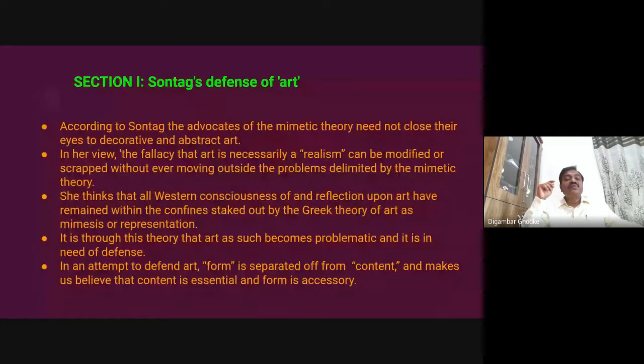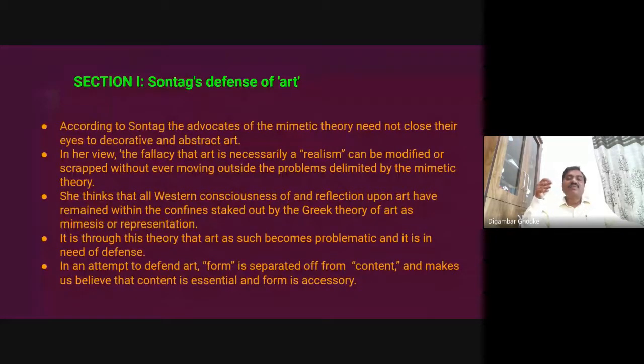So in an attempt to defend art, many times form is separated off from content. As we understood with reference to Hegel and others, form and content are inseparable, but in an attempt to defend content, form is separated. And that makes us believe that content is essential and form is accessory.